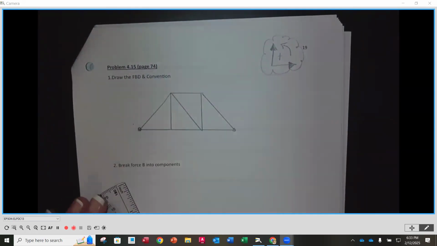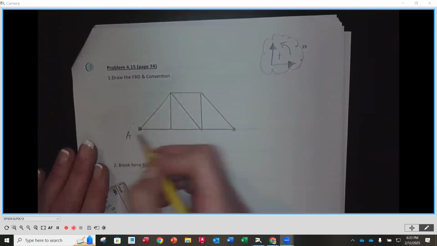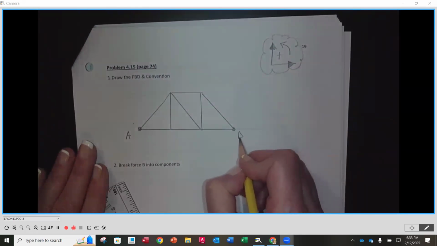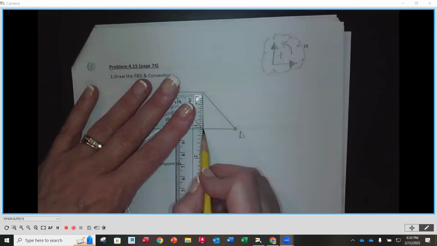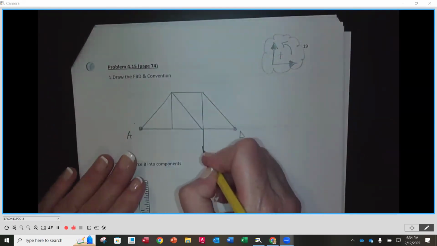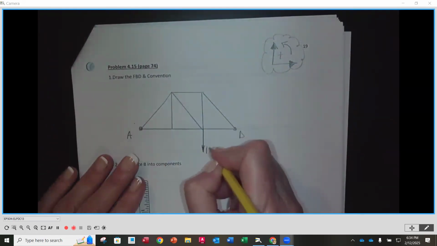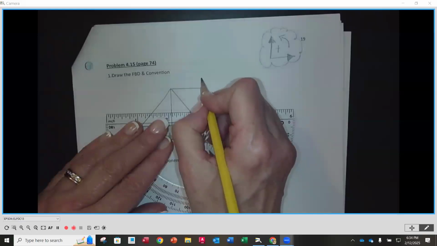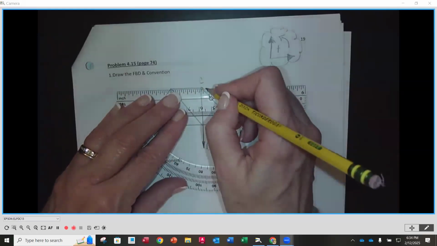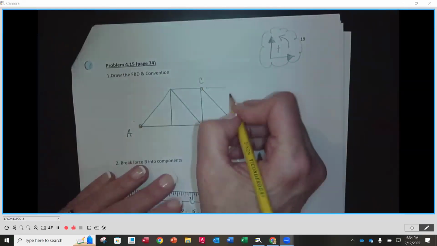I've got A and D on either side here. So here's A and here is D. Got a force coming down at E. It's going to be 15. And here's point C, and I've got 5 kips.